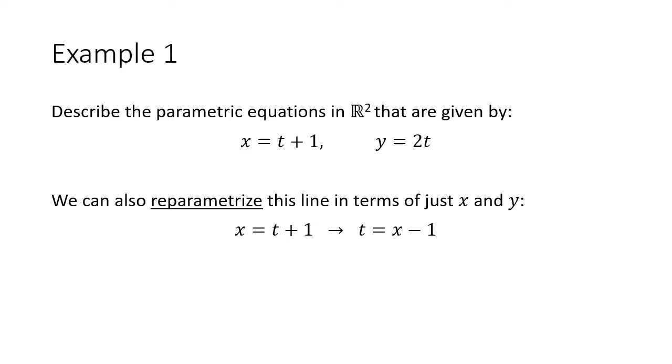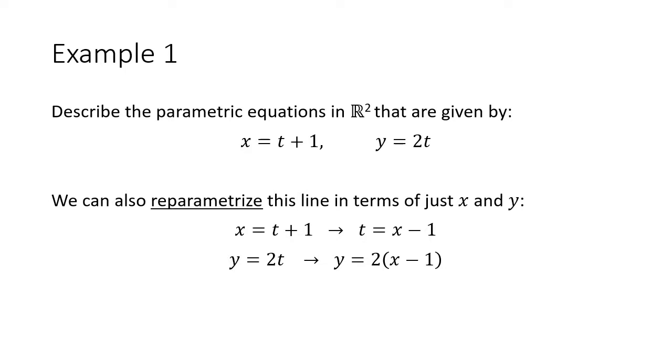The first thing to do if I want to reparameterize in this case is to isolate t. If I look at my equation for x, it's pretty easy. If x equals t plus 1, subtract 1 from both sides: t equals x minus 1. Then we're going to substitute what we know for t into the equation that involves y. So y equals 2t, but I'm replacing the t with x minus 1.